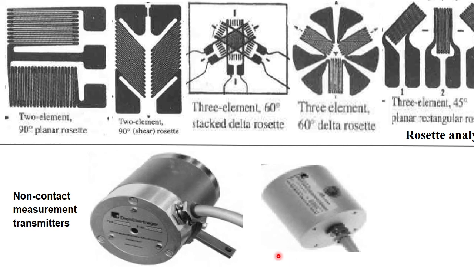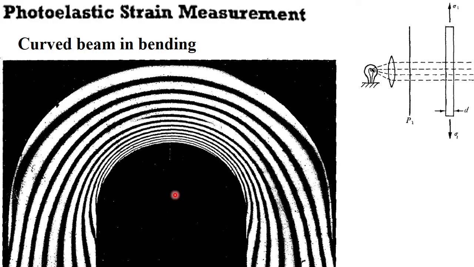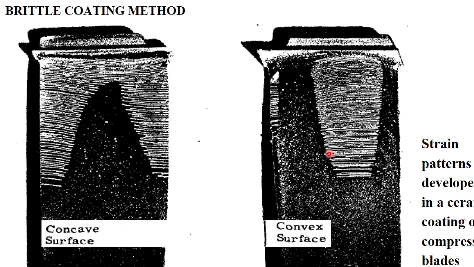Because if we have a sensor mounted on a rotating object, say for example like this, if we attach a strain gauge on this plate, instead of this brittle coating technique, how can we measure the signal from there?